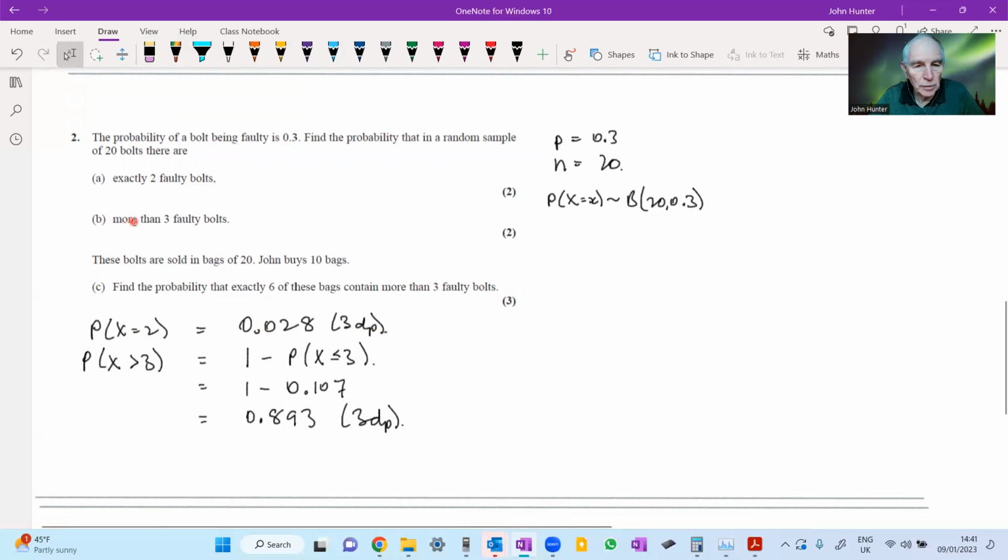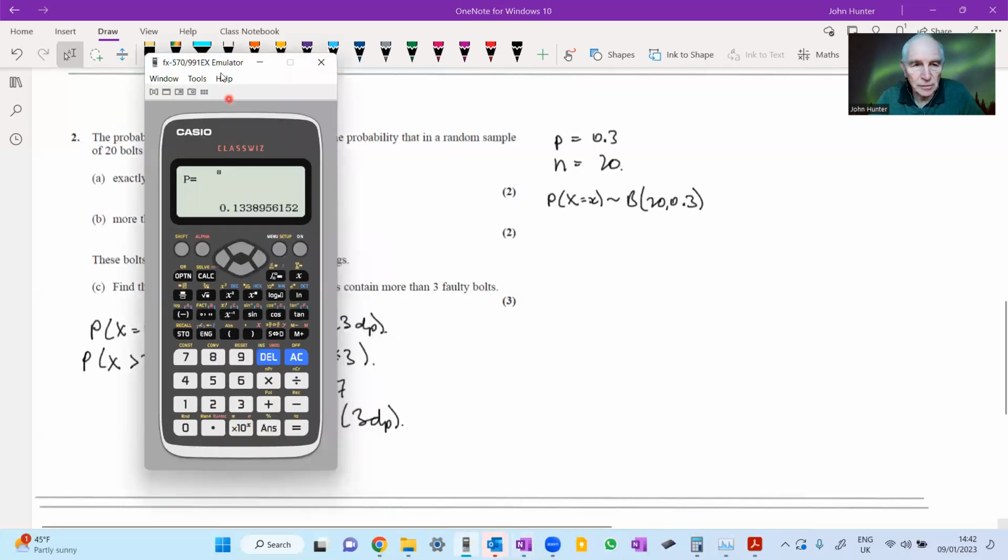And then, what is the probability there are more than 3 faulty bolts? Now the way the calculator works is that if you choose a cumulative binomial, the x corresponds to x less than or equal to 3.